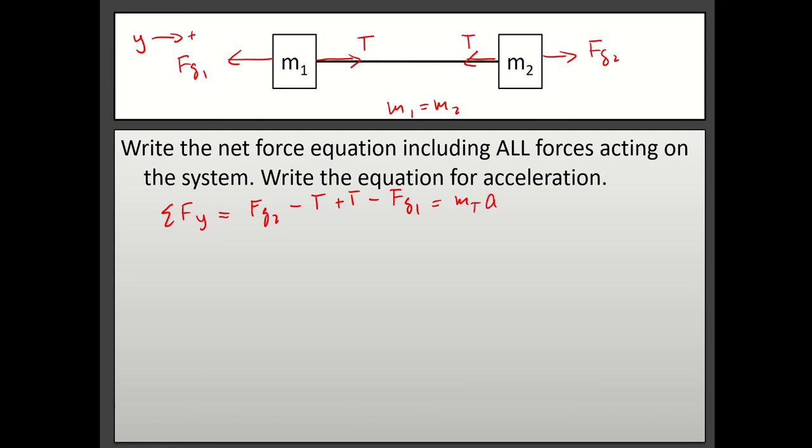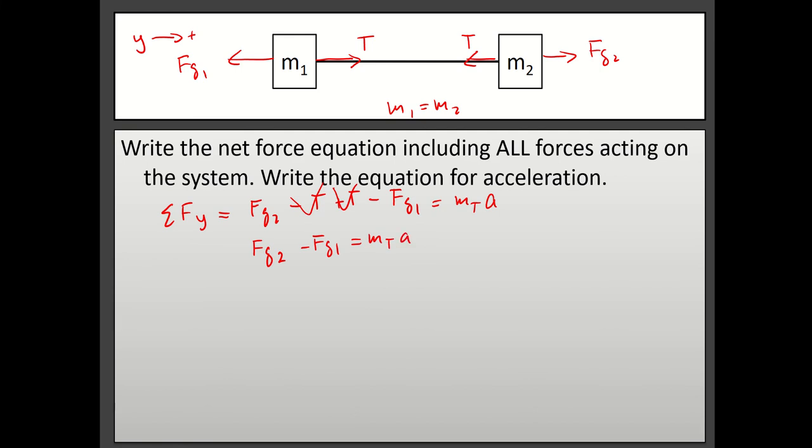So that's our F net equation. These two tensions will go away because they're going to be the same. So you're left with FG2 minus FG1 equal to M total times the acceleration of the system.